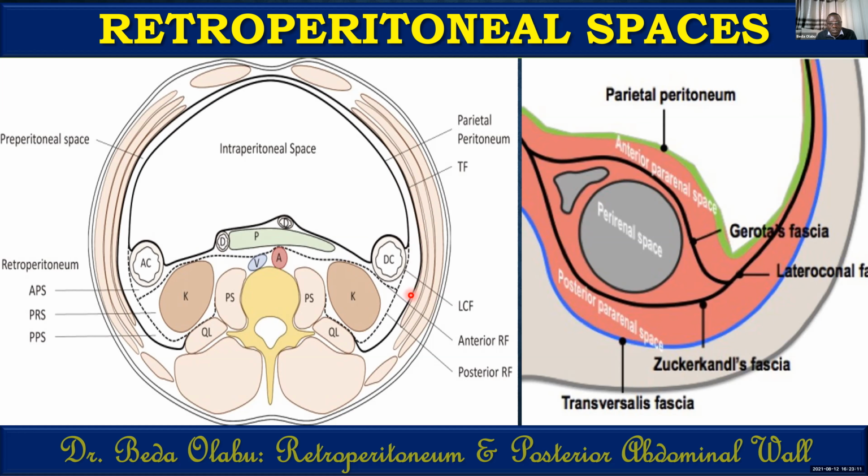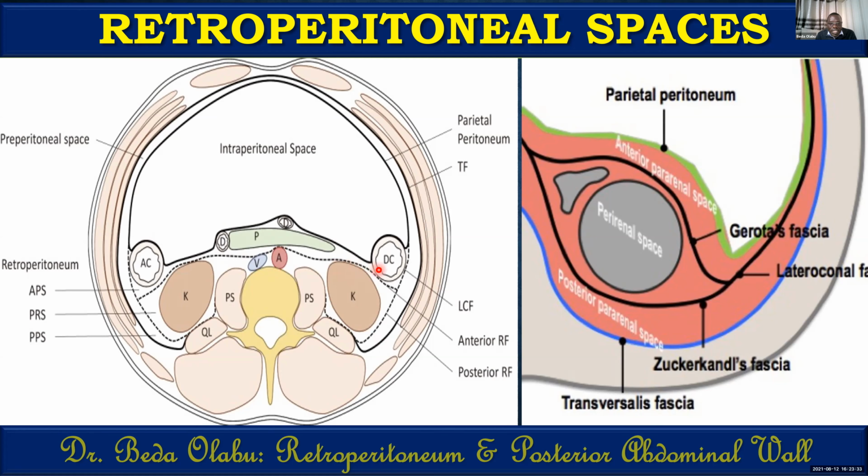But when you go behind here, the parietal layer of the peritoneum and the fascia transversalis somewhat split. And so we see a big gap between the 2 layers. And between those 2 layers, within that big gap, we see several organs.